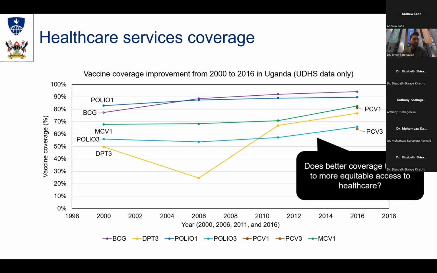And these are important questions for how equitably rolled out a program is, and what exactly the program is designed to target. Are they targeting the most vulnerable, or are they targeting the easiest to get? And this is important to understand who's left out, how we get to them, and what types of programs might need to be implemented to reach those individuals.